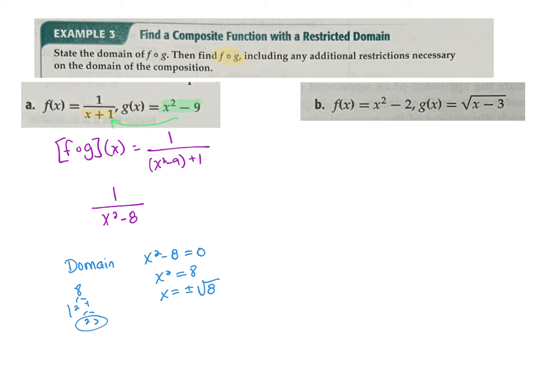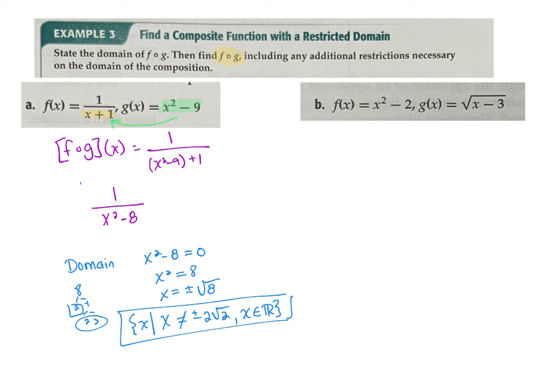I know y'all love these. That 2 comes out. So if x is positive or negative 2 square root of 2, we have a problem. So x cannot equal that. So my domain is just going to be that. It cannot equal those two numbers. So I have my composite and I have my restrictions on the domain. Okay?